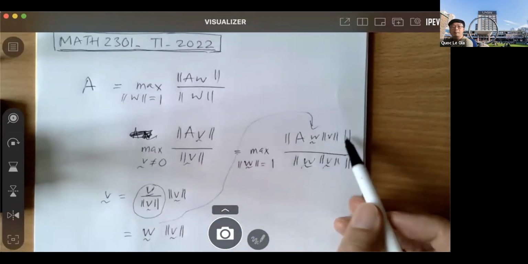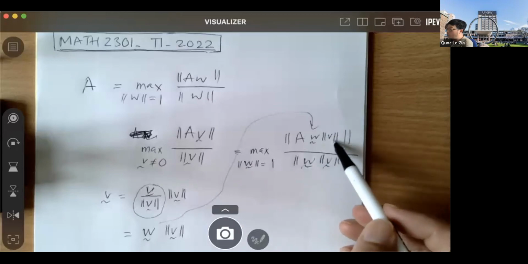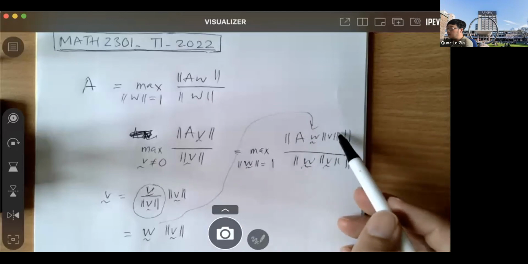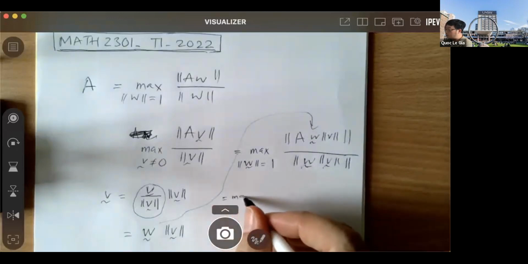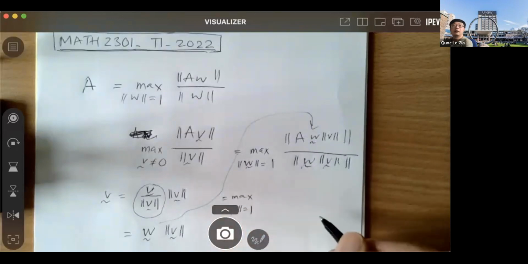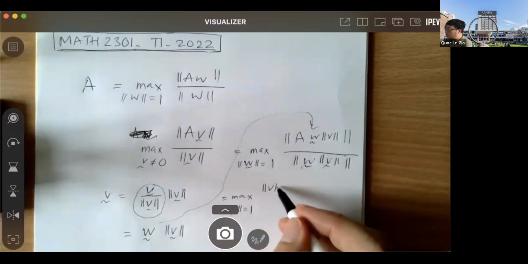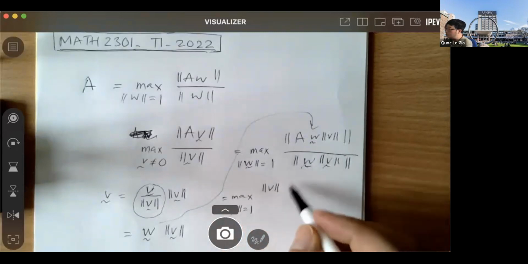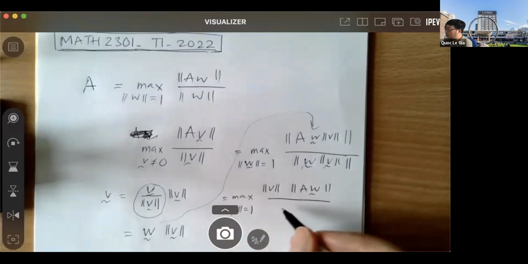Remember that when you multiply by a scalar, you can pull the scalar outside the norm. So it becomes the max over W with norm 1, and you pull out the scalar, the norm of V, outside.